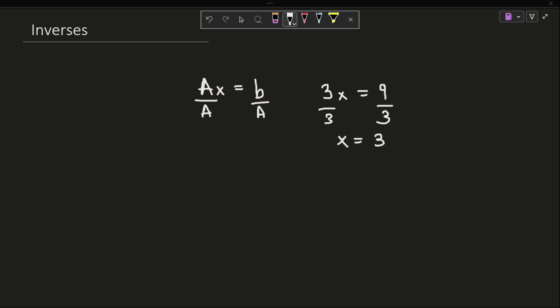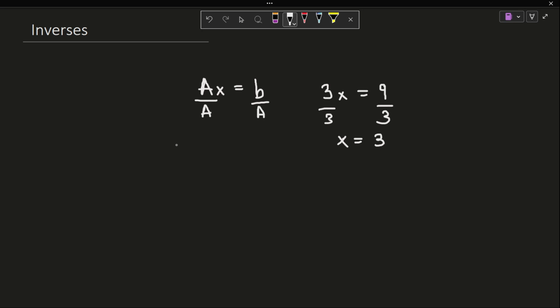Well, what is division? Division is multiplication by a reciprocal, right? We're multiplying both sides here by 1/3, and we're getting x equals 3. So what if we could do something like the reciprocal of A?